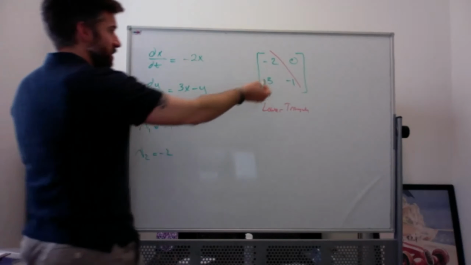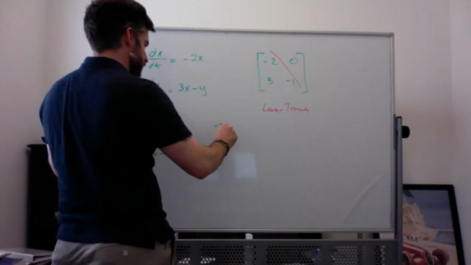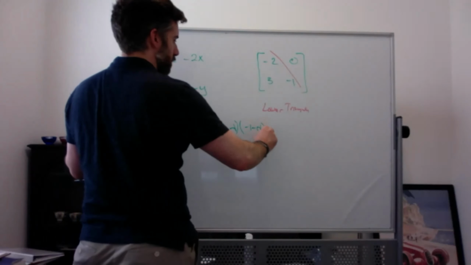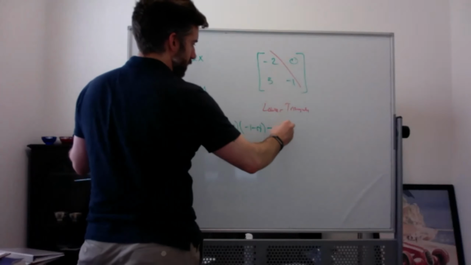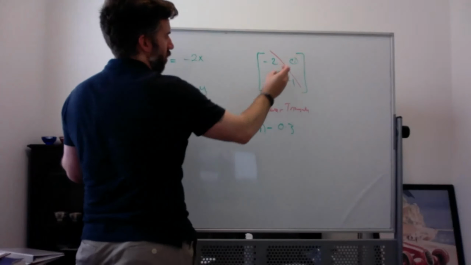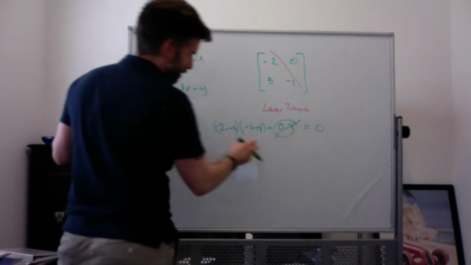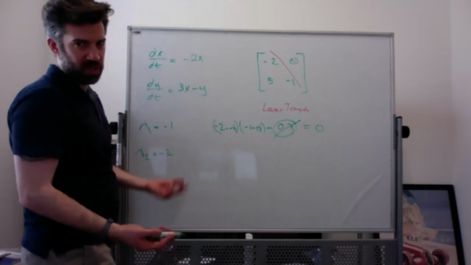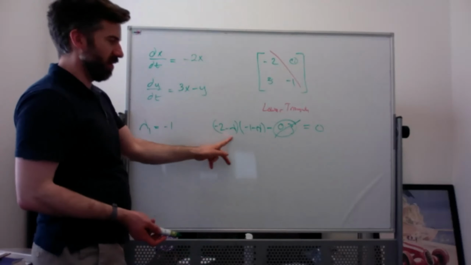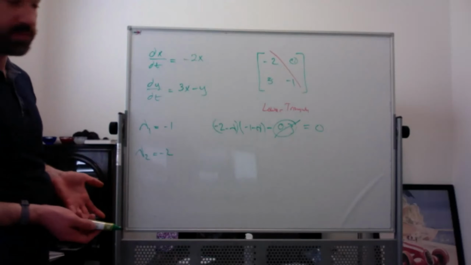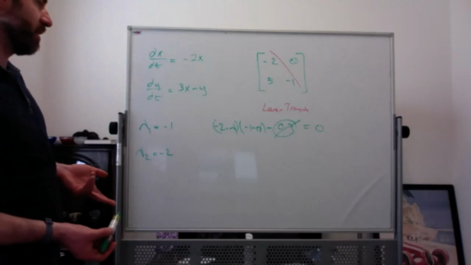And that's just because, if we solve this equation, -2 minus lambda times -1 minus lambda minus 0 times 3, that 0 there makes this part not matter, and you just get this product equal to 0, meaning lambda is going to be -2 or -1. So that's why that always ends up working out that way. All right, let's find the eigenvectors.